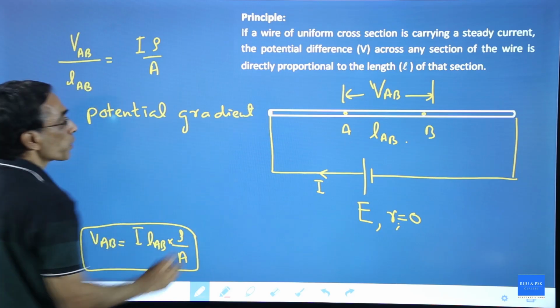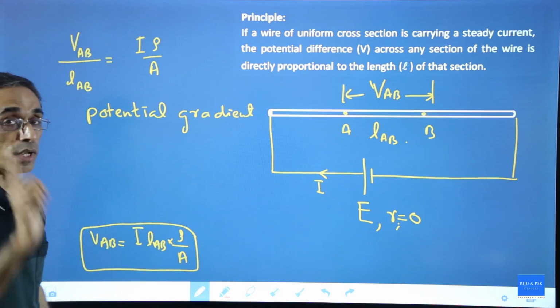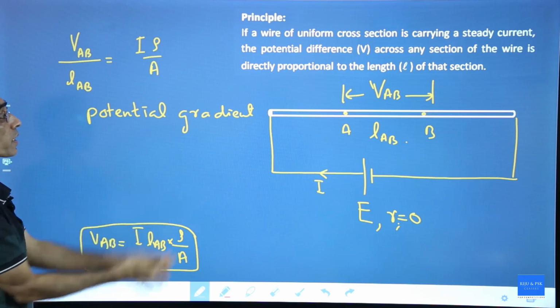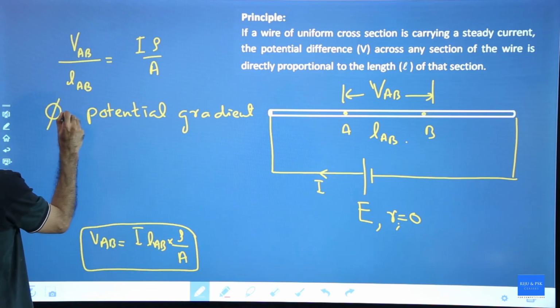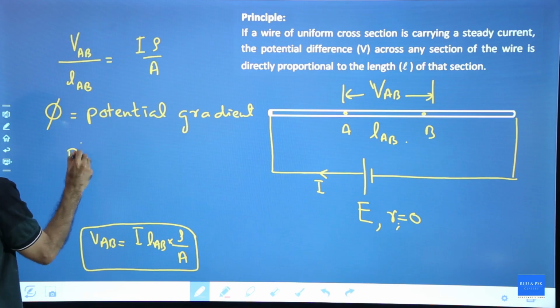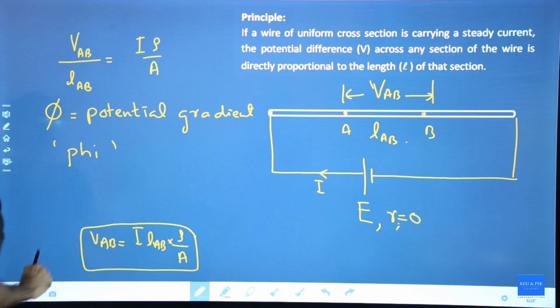Just like a velocity gradient, we have potential gradient. In the NCERT textbook, they write this as phi. Phi is potential gradient, that is potential drop per unit length.